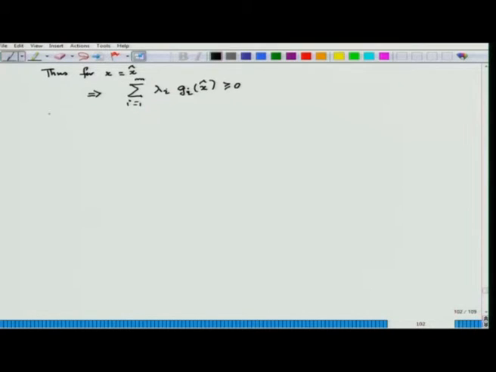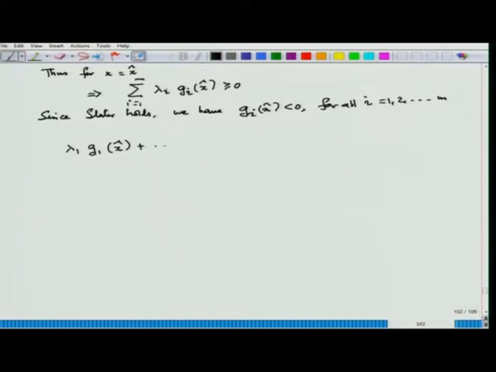Now, since Slater holds, we have this expression, which would look like this.